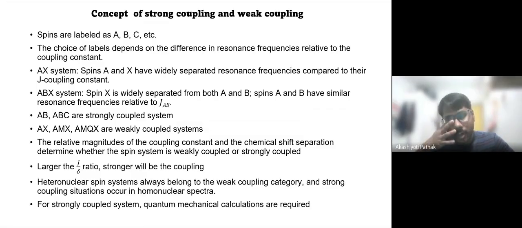What is the concept of strong coupling and weak coupling? The spins are labeled as A, B, C, etc. The choice of the labels depends on the difference in the resonance frequencies relative to the coupling constant. So there can be different systems.